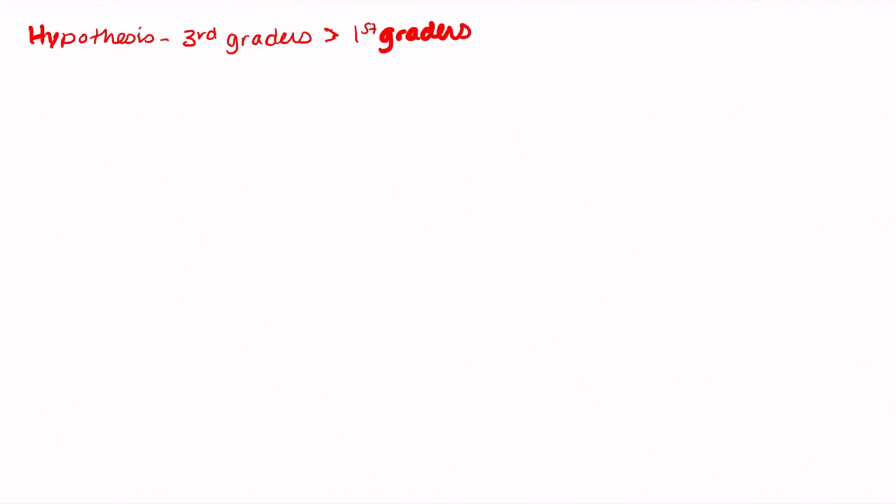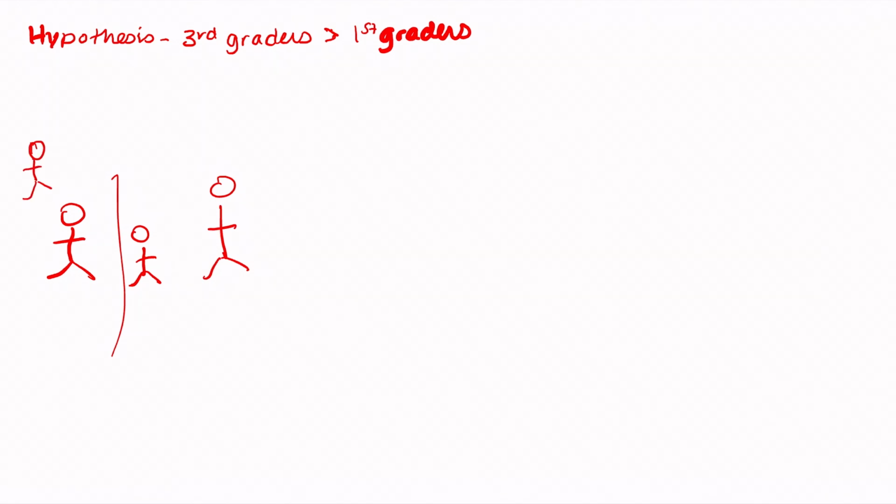So you start looking. You get one third grader of average size, maybe one first grader of average size. Then you get a really, really tall first grader. These are my first graders, these are my third graders. Then a really short third grader. Then a really tall third grader. Then another normal size first grader. I need to work on my stick figures.